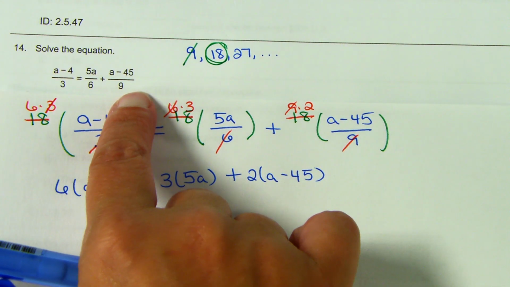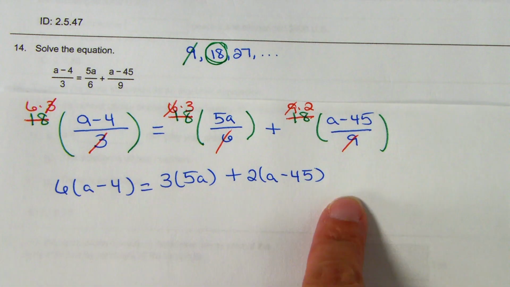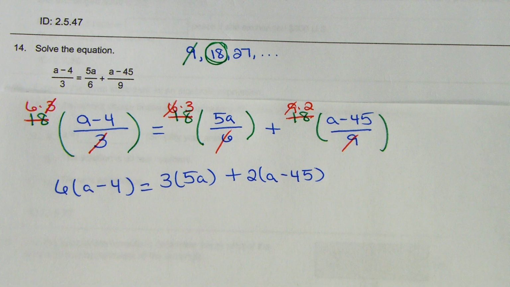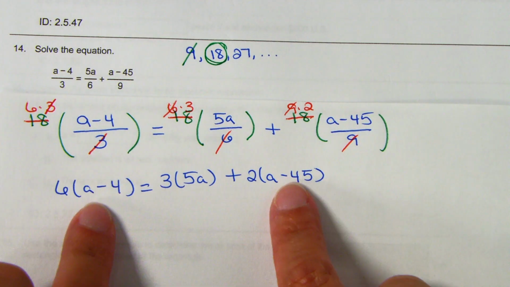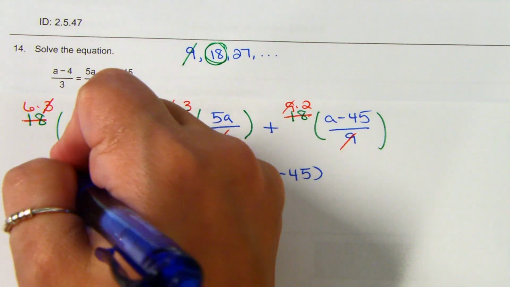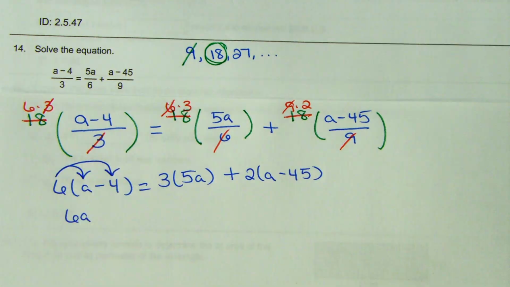This is the whole reason we do this, because we don't want those fractions anymore. Then I come over here and I say, okay, 18, and I have a 6 on the bottom. Well, I just said 18 was 6 times 3. This time the 6's cancel, which leaves me with a 3 times 5a, plus. And then here I have a 9 on the bottom, so I need to think about how I make this 9 times something.